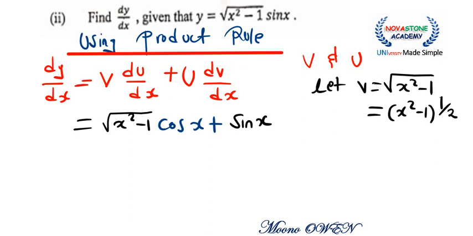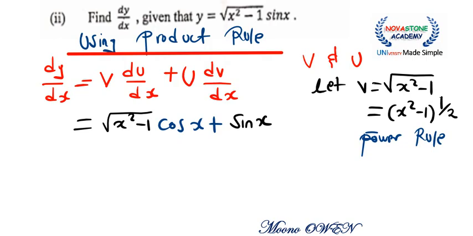Now if we differentiate this, what are we going to have? Since we simplified it like that, it becomes a power rule, because it has a power of a half. You have to know all these rules, very, very important.